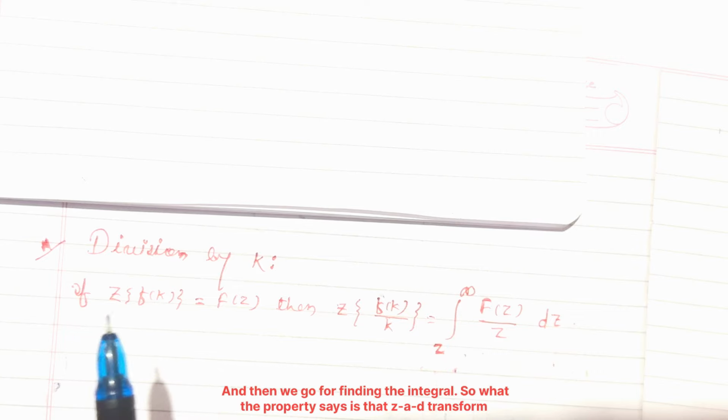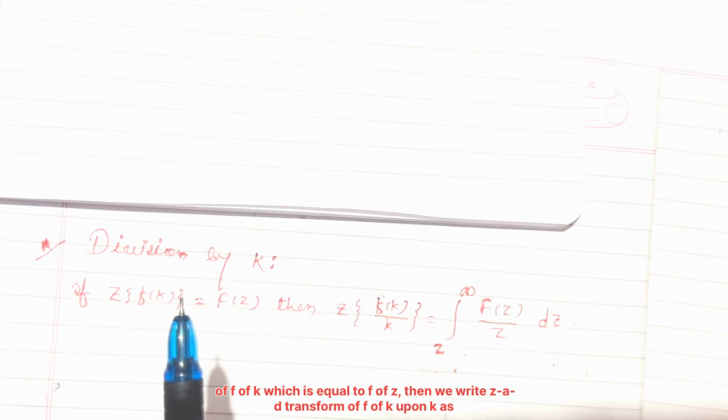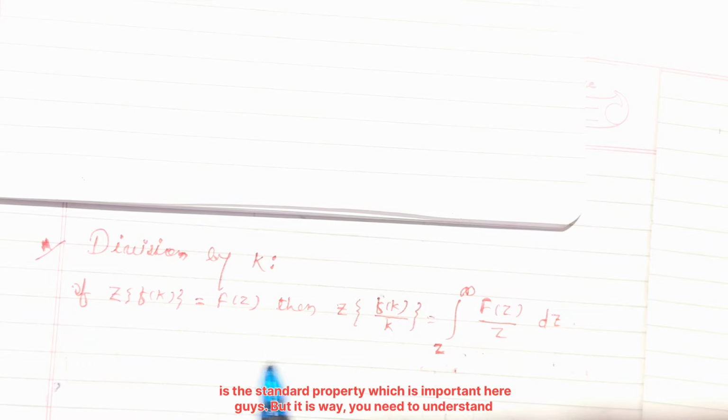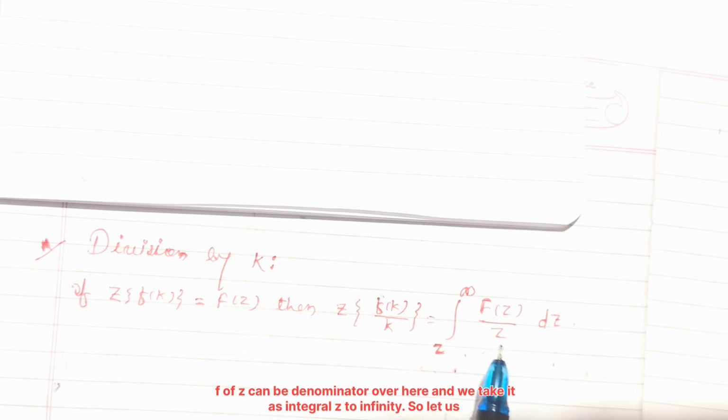The property says that if the Z transform of f of k is F of z, then the Z transform of f of k upon k is the integral from z to infinity of F of z upon z dz. This is the standard property, and it's easy: F of z goes in the numerator over z, and we take its integral from z to infinity. Let's go for some examples based on this property.